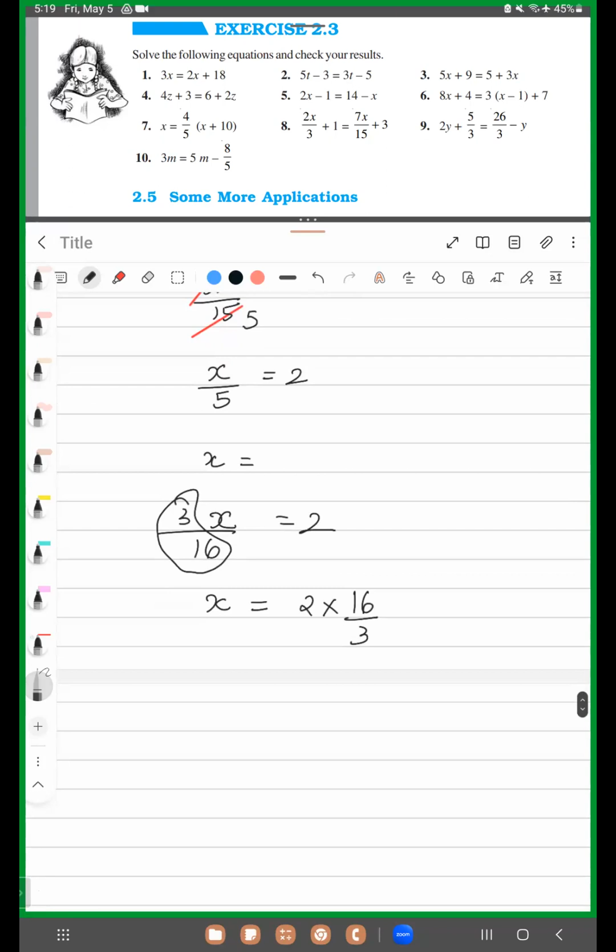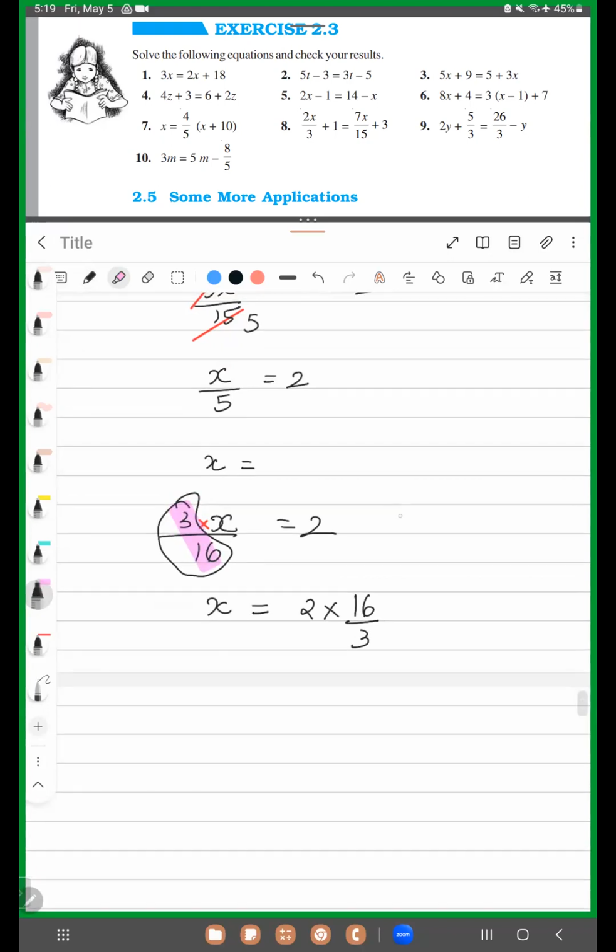Why not 3 by 16? Okay, Hiba, understood. Here it is being multiplied, hai na? So we will take the multiplicative inverse of 3 by 16. The multiplicative inverse of 3 by 16 is 16 by 3.